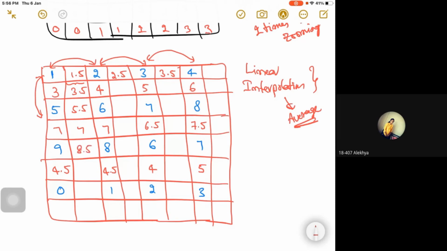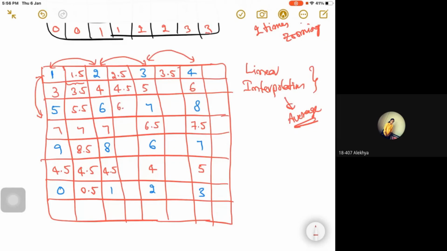So let me fill all with the average values. 0 and 1, 0.5. And coming to here, 4.5. I am filling somewhat fast. 6.5.